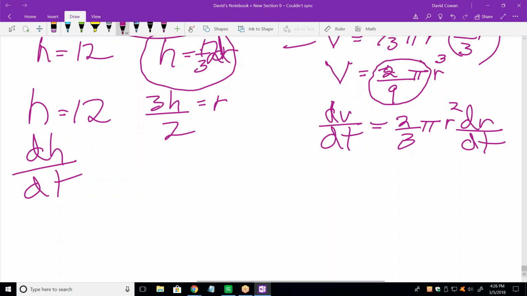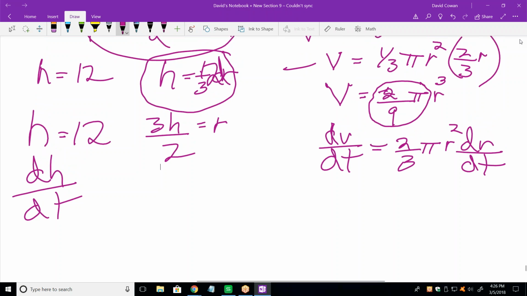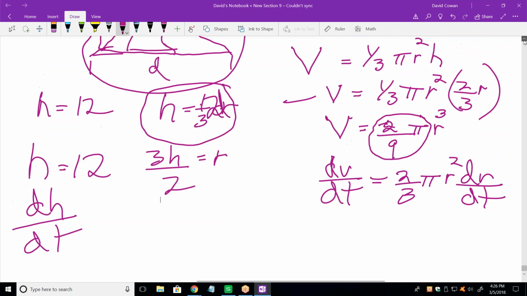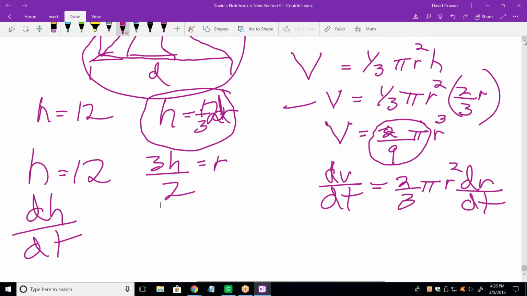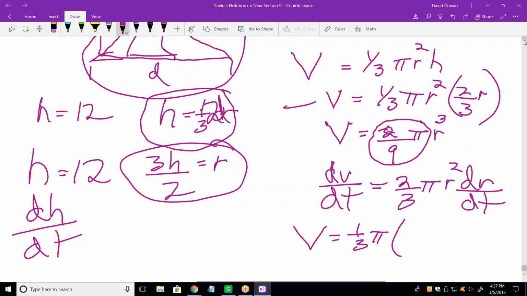Yep. So now I'm going back into my original formula, this one at the top. Instead of substituting for h in terms of r, I'm going to substitute for r. So I get V equals 1/3 pi, and instead of r squared, it's 3h over 2 squared times h.